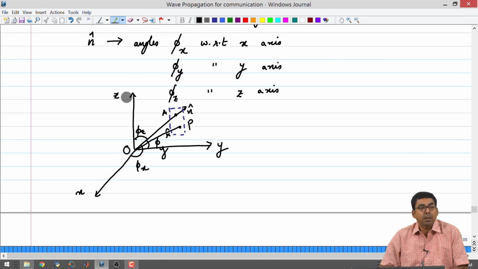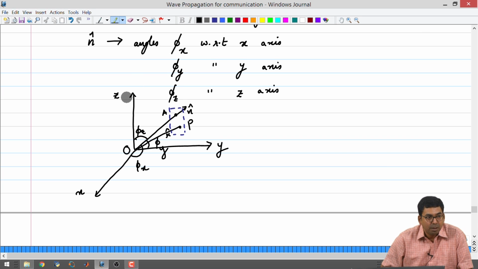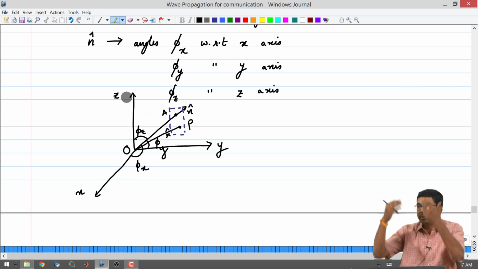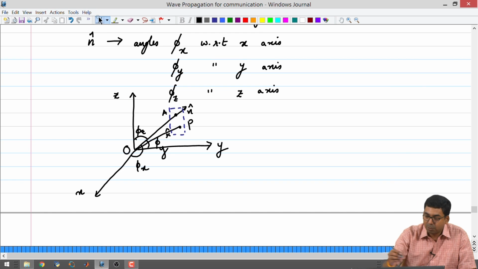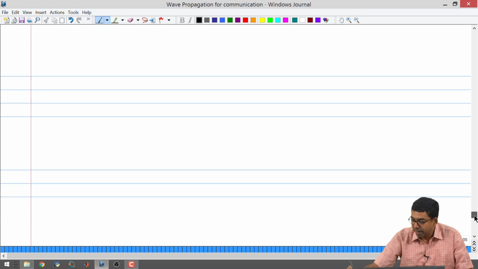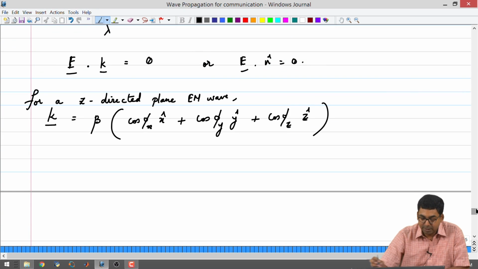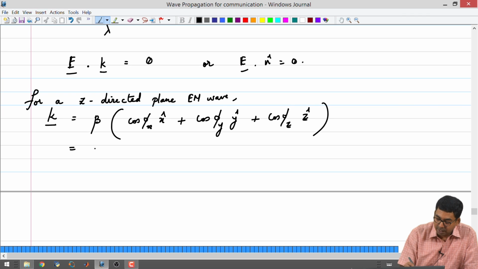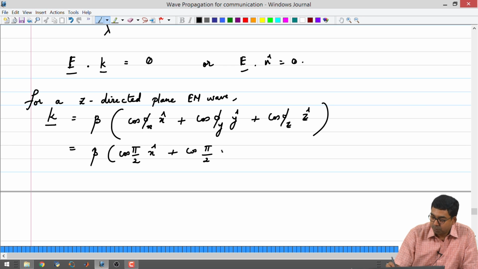Phi x will become 90 degrees, and phi y will also become 90 degrees, because it is the angle measured from the axis to the vector. This means you will be writing this as beta times cos pi by 2 x hat plus cos pi by 2 y hat plus cos phi z z hat.